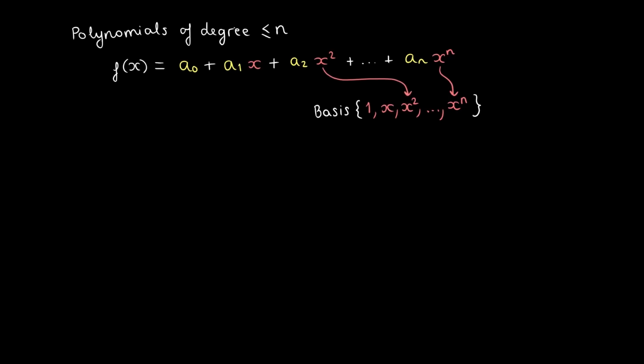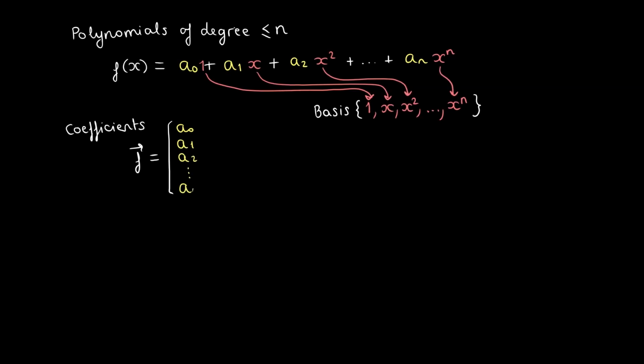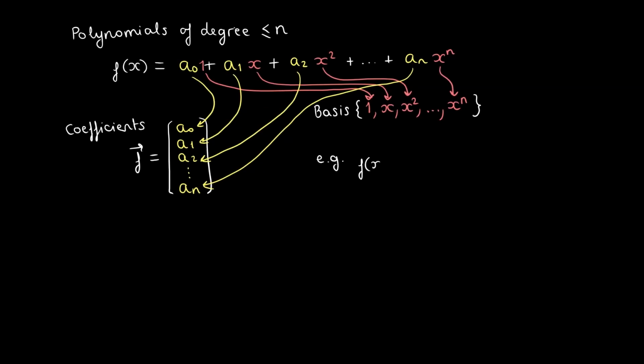And now notice how any polynomial of this degree is simply a linear combination of the elements of the basis, with a set of coefficients which can be our vector components. For example, the polynomial x squared can be written as a vector in component form like this.